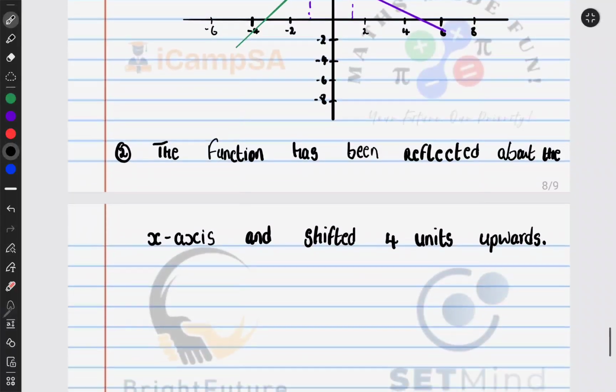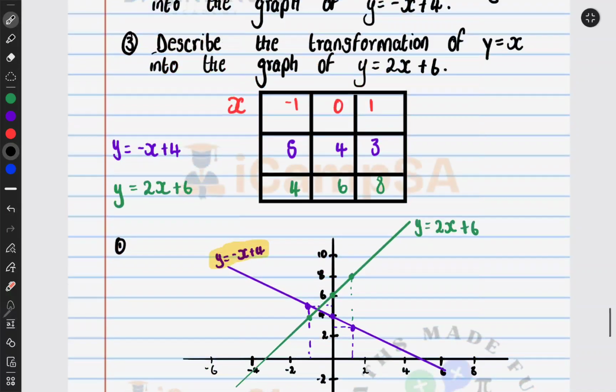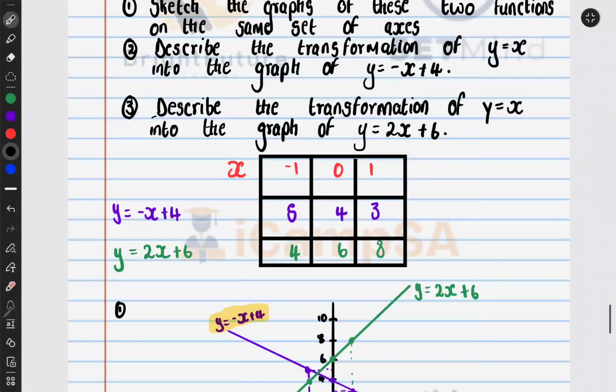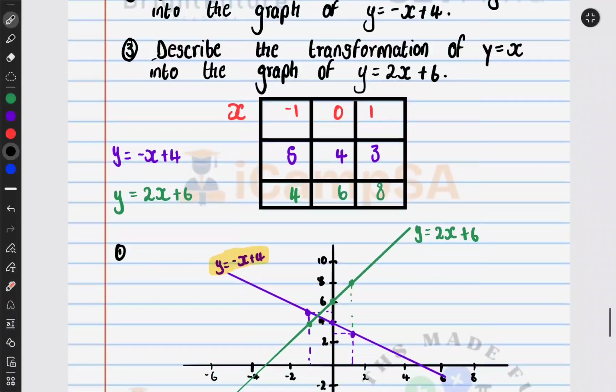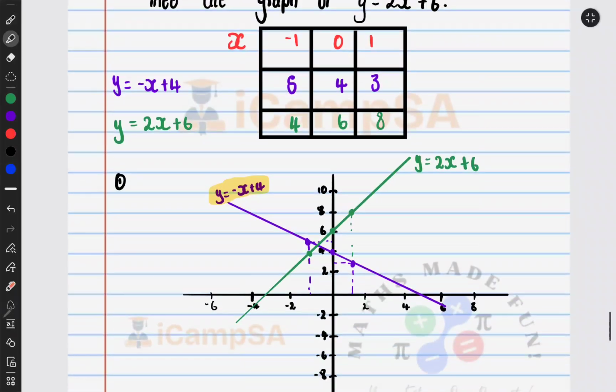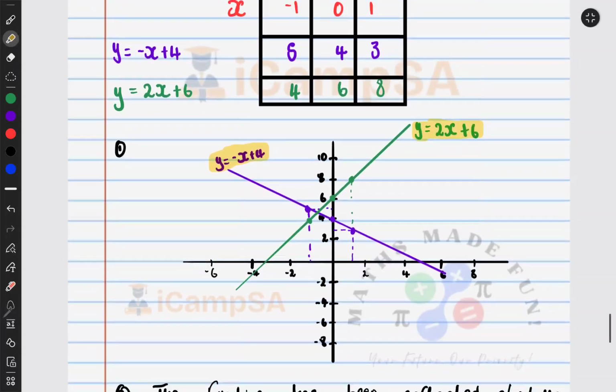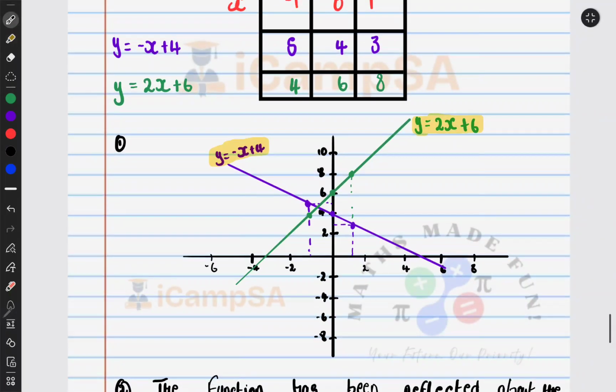And then for number 3, we have to describe the transformation of y is equal to x into the graph of y is equal to 2x plus 6.